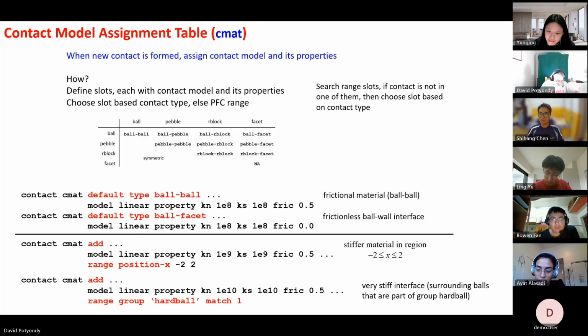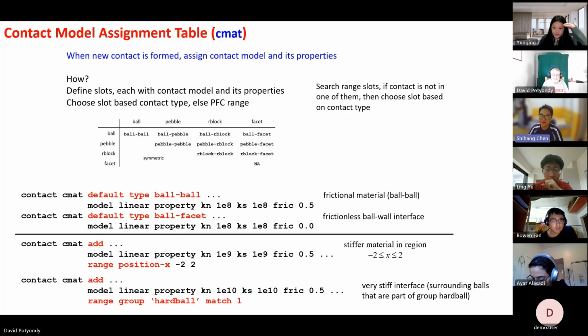Yeah. Okay. Go ahead. I have one little question. We use the CMAT to set up the contact information and the physical properties.